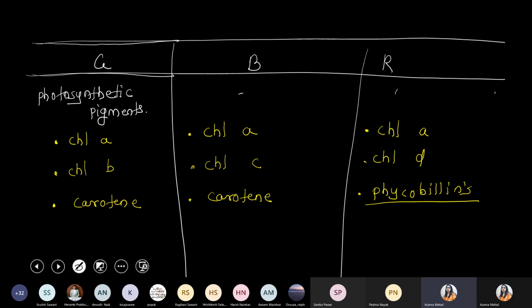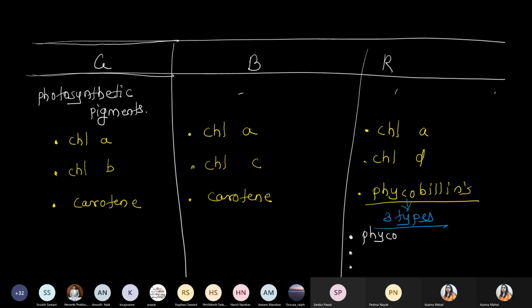So the same examples we are talking about. Phycobilins basically are of 3 types. Number 1, phycoerythrin.